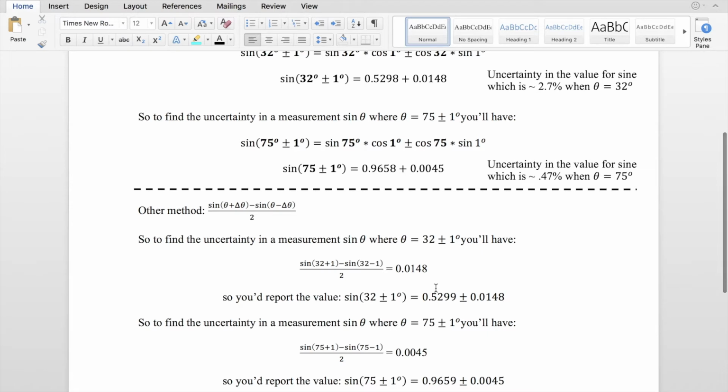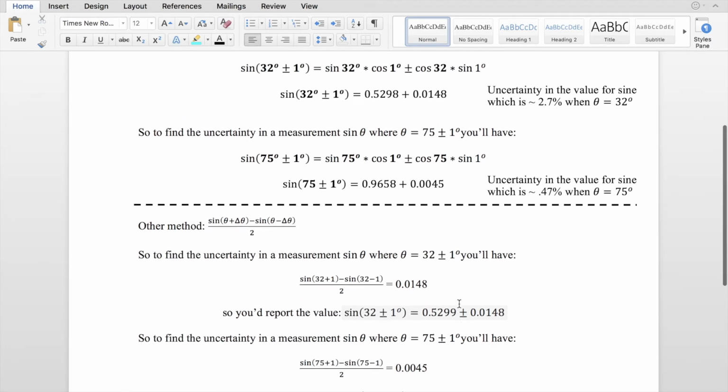So we can reasonably conclude we're getting basically the same thing. You will notice that this number, 0.5298, is very slightly different than 0.5299, and that's because here we took sine of 32 and then we did this little operation to get the uncertainty. Here we did sine of 32 times cosine of 1 degree, but if you do cosine of 1 degree, you get 0.99998 or something like that.